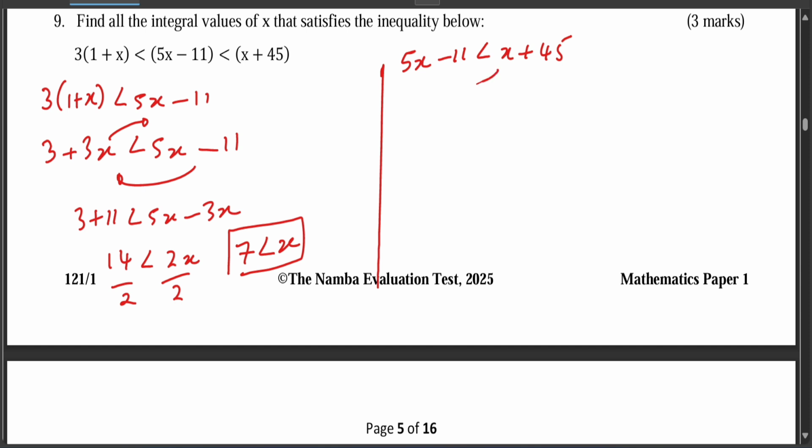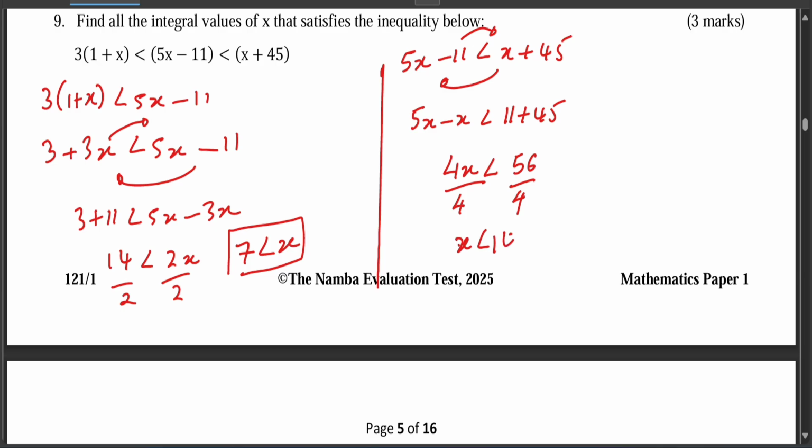So 5x minus x less than positive 11 plus 45. It should give you around 56. So 4x is less than 56, divided by 4. 56 divided by 4 is 14. So x is less than 14.